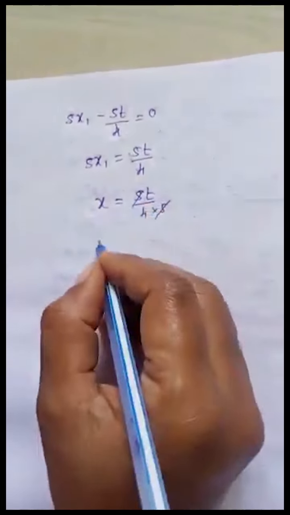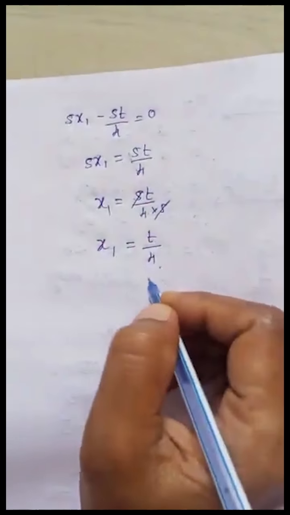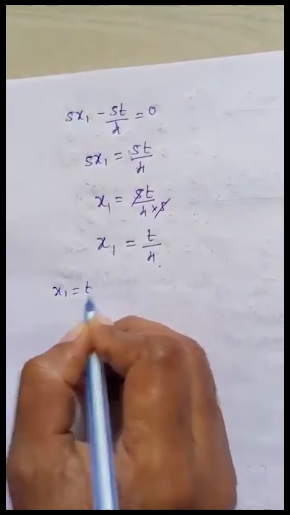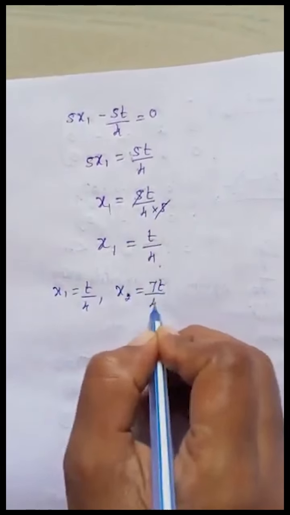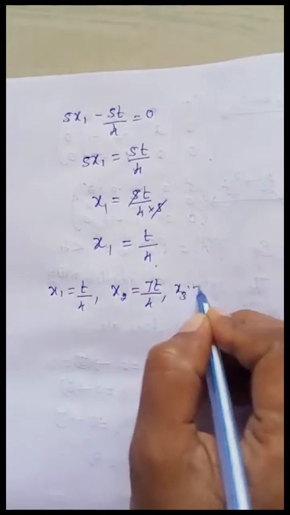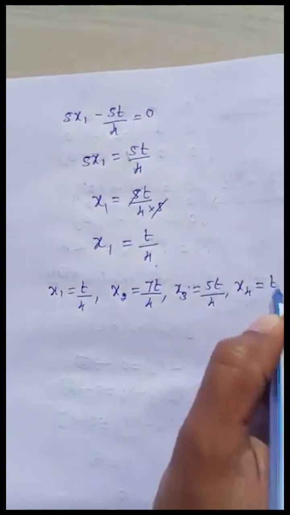This 5 and 5 will get cancelled. So we have got x1 is equal to t by 4. See, x1 equal to t by 4, x2 is equal to 7t by 4, x3 is equal to 5t by 4 and x4 is equal to t.